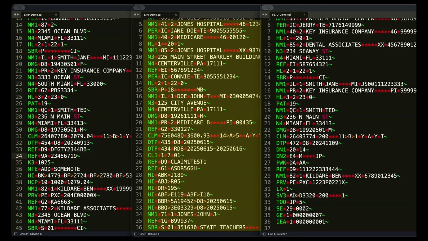It's with identifier 71. NM102 has a value 1, which stands for person, as we already learned. Then the Ref 1G, it has the attending physician's UPEN number. So whenever it's a secondary identifier for a provider, we know we can use any of these qualifiers. So here we are using 1G for the UPEN number.